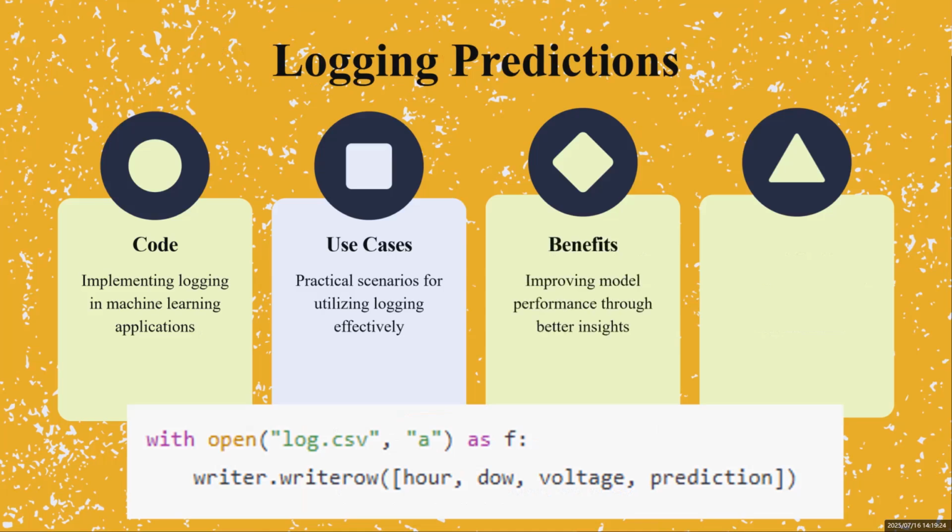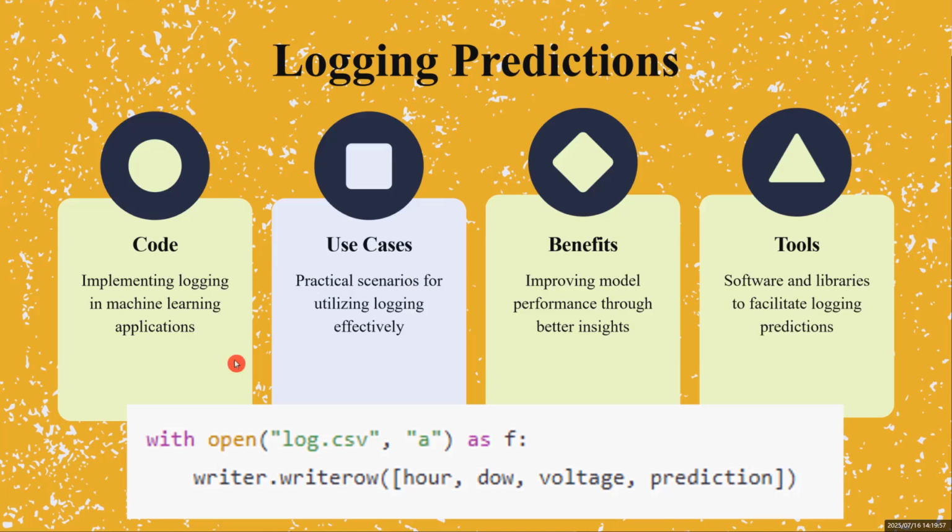One benefit of it is that it helps to improve model performance through better insights, because the more we can track, the better the model is, and the more recommendations we can get on what to do, which tells us about certain decisions we can make based on the insight of the data or from the visualization plot.